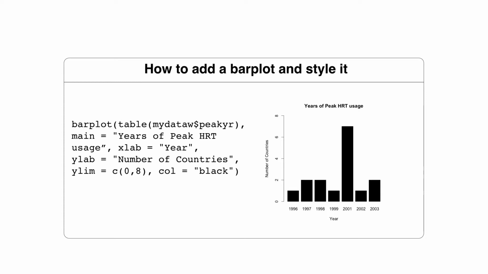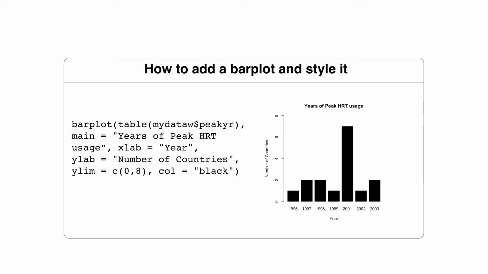So we'll have the year of peak HRT usage, and we shall see what the percentages of their usage were. So we say bar plot, then I actually construct a table. You just cannot put bar plot and then a variable name. That's not going to work. You have to convert that into a table. Sometimes it helps if you use a function called summary and then summarize that particular variable.